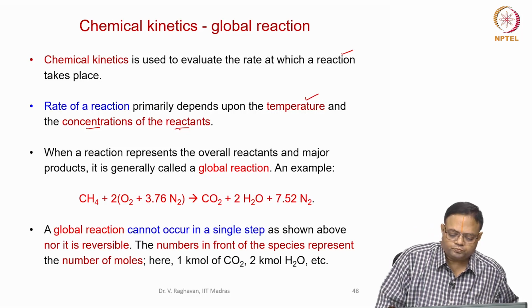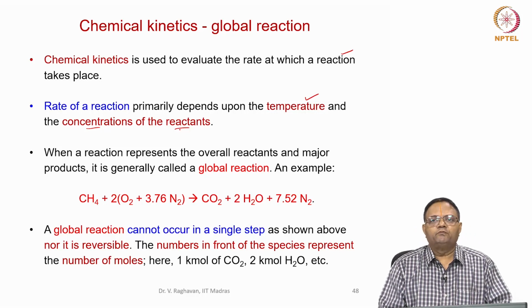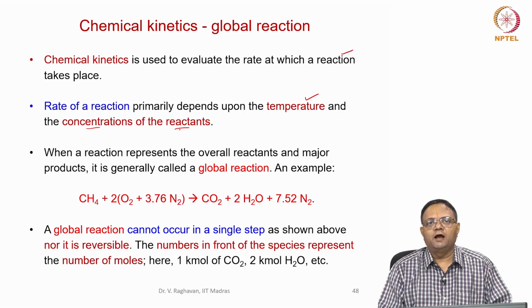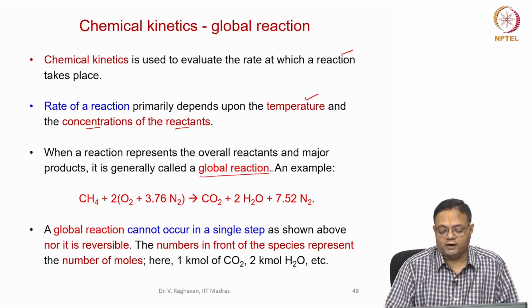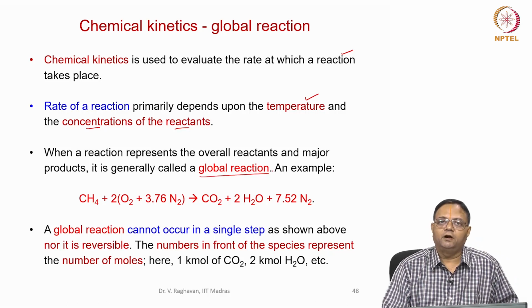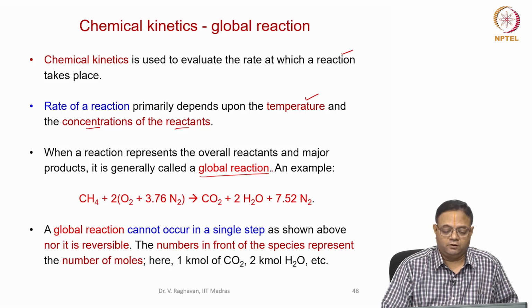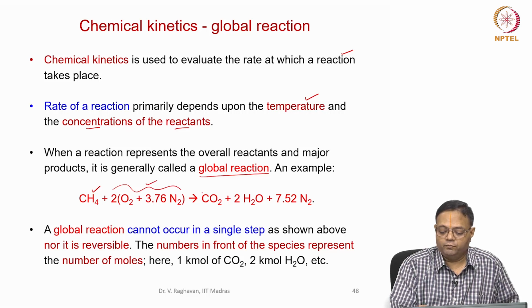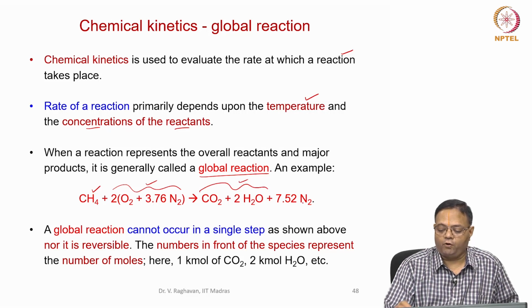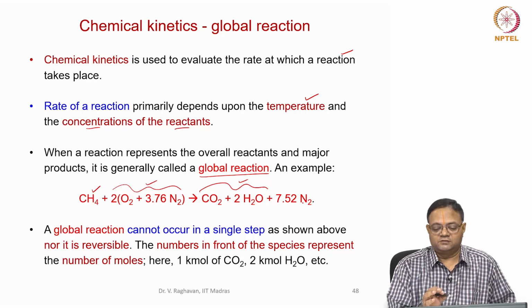Now first of all, we have to classify the reactions and then understand what the reaction rate is. We have already seen something called a global reaction, which is nothing but the overall reaction where the fuel used, the oxidizer used, and the major products formed are listed.